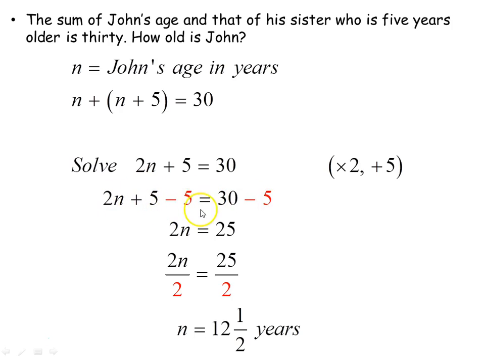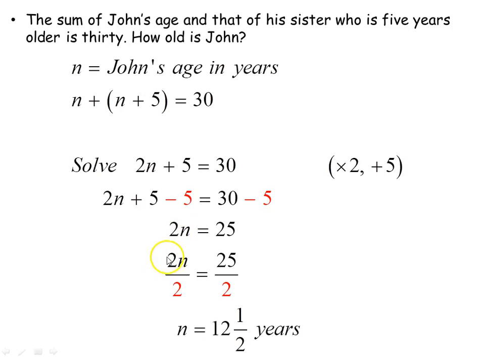So if we take minus 5 away on the left, we must also take it away on the right. 2n plus 5 minus 5. Plus 5 and minus 5 cancel out, leaving 0, and we're left with just 2n. On the right, 30 minus 5 is 25. Next, we're left with 2 times n equals 25. We need to get rid of this times 2.